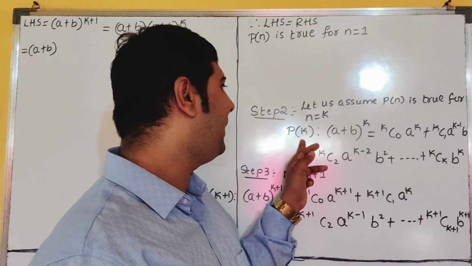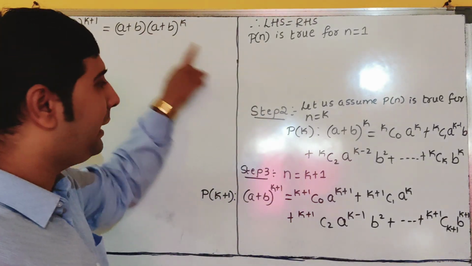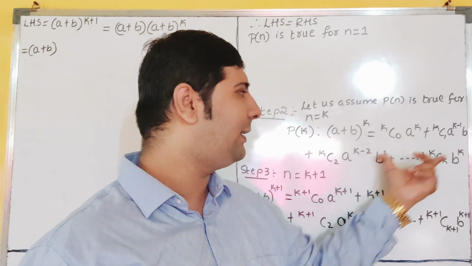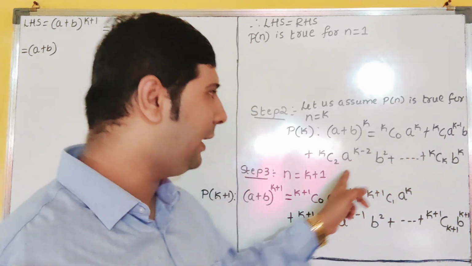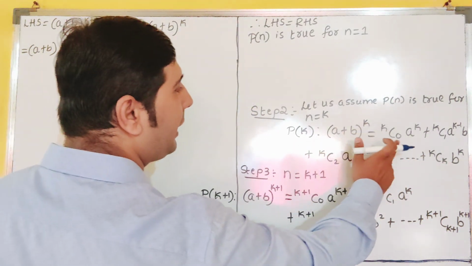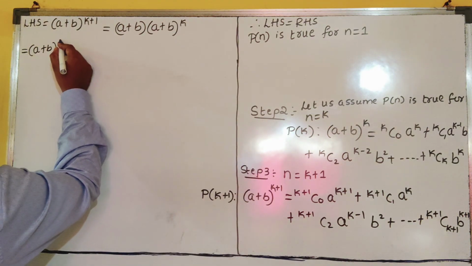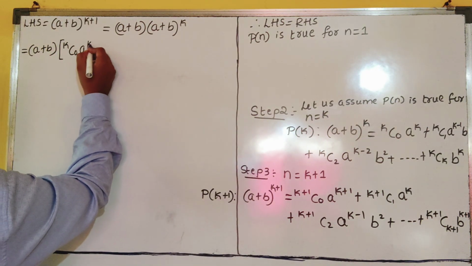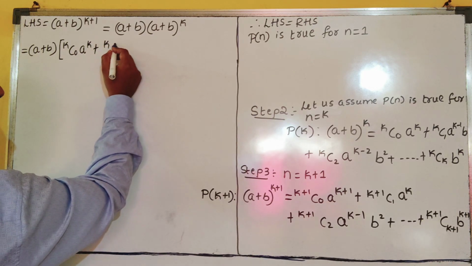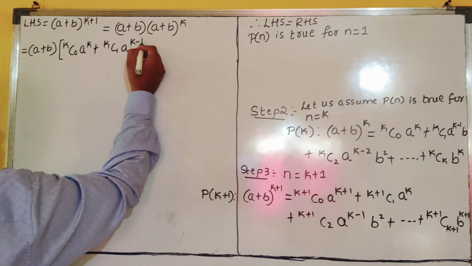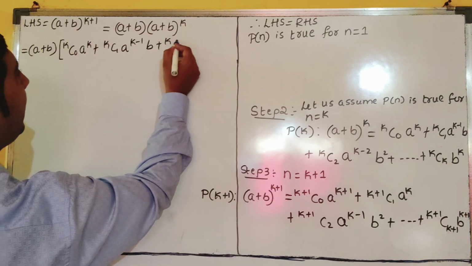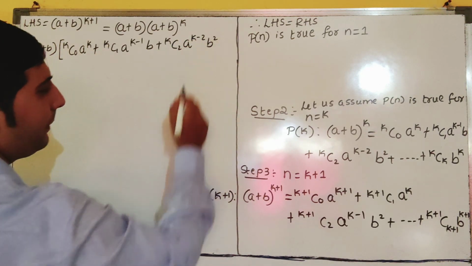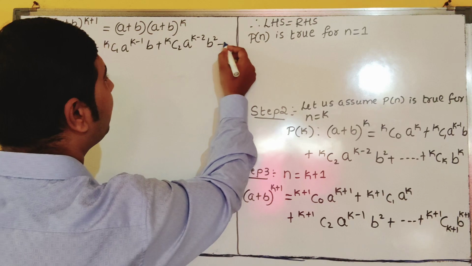So now see, a plus b raised to k value. a plus b raised to k value is how much? This is there, no? I will write this value. a plus b raised to k value is how much? See, k c0 a raised to k, k c1 a raised to k minus 1 into b, k c2 a raised to k minus 2 b square, so on up to where?